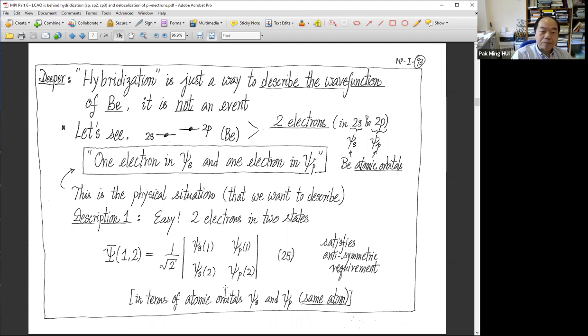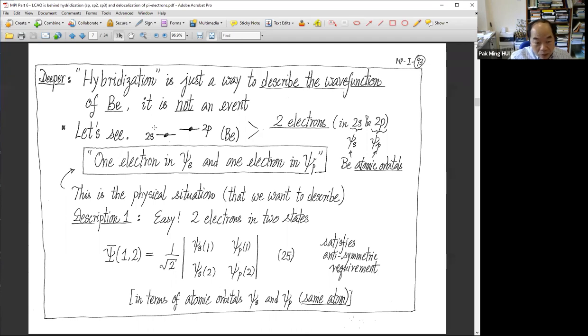Now, there is a deeper understanding to see that hybridization is nothing. I mean, by nothing I mean it is not a separate topic. It is embedded into the LCAO thinking.